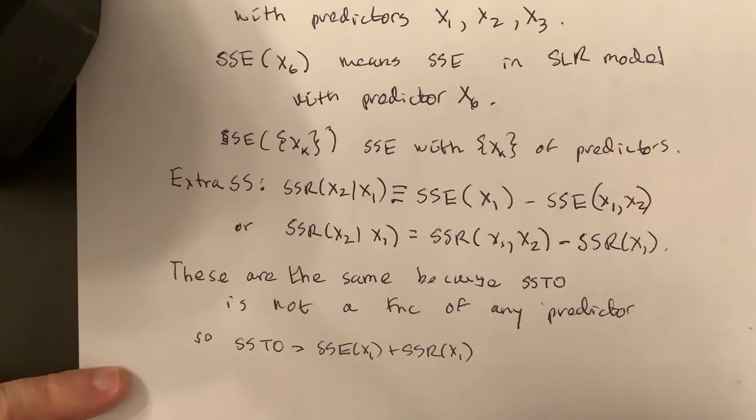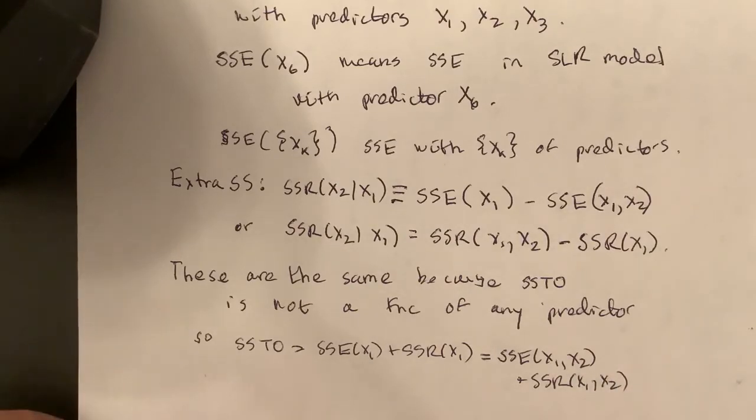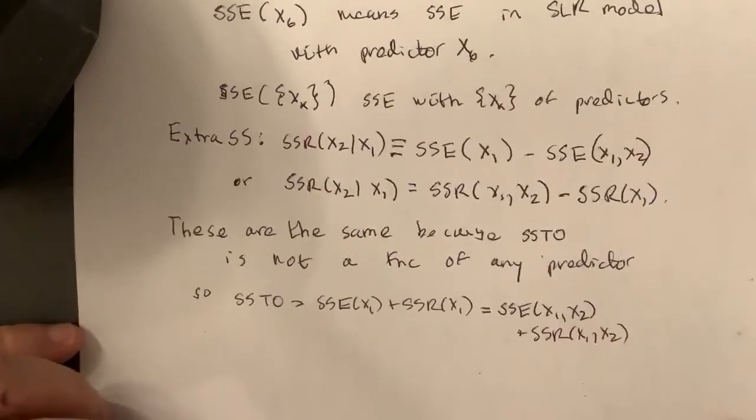But if I had a different model, it's still the same, so it's going to be SSE x1 x2 plus SSR x1 x2, and from there we can see that they're the same.